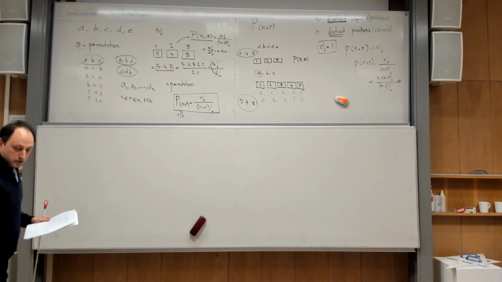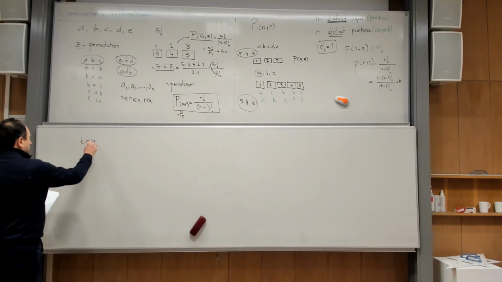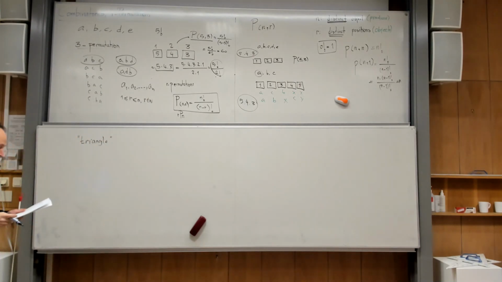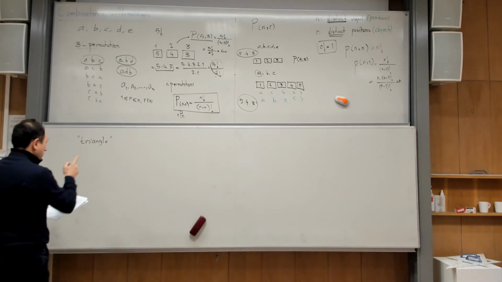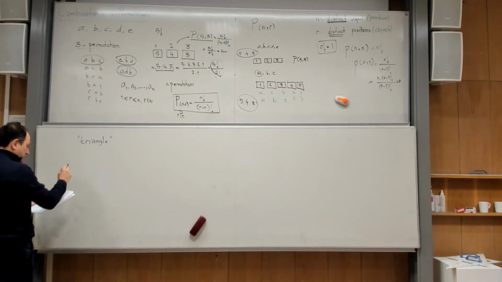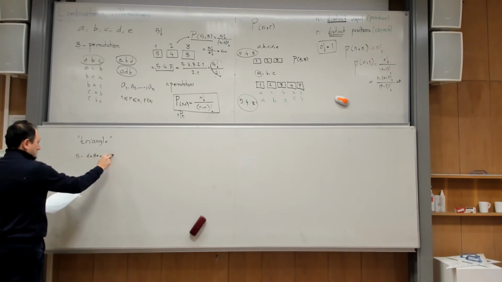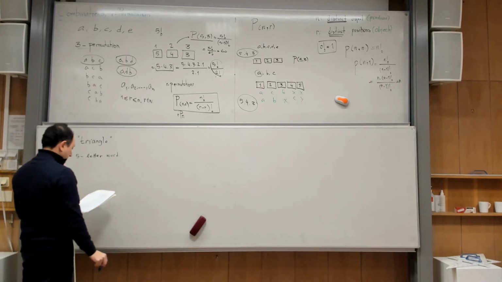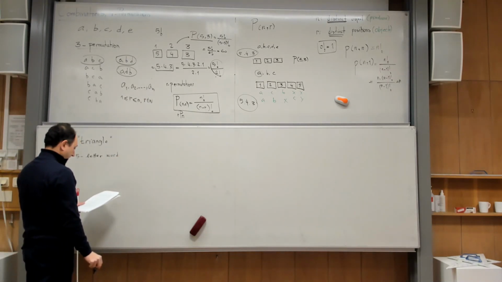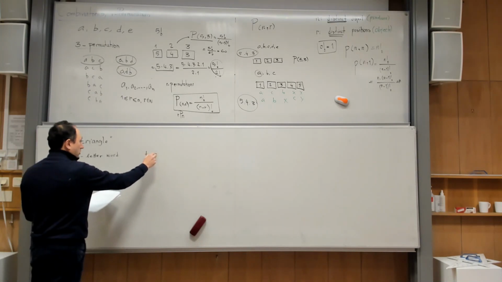So let us consider this word, triangle. How many 5-letter words can be constructed using the letters in this word? In each one of them, T and R are used.